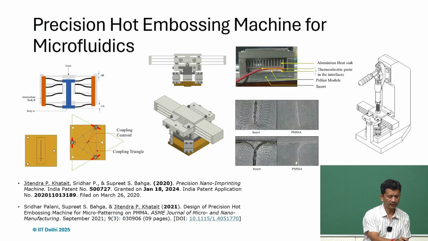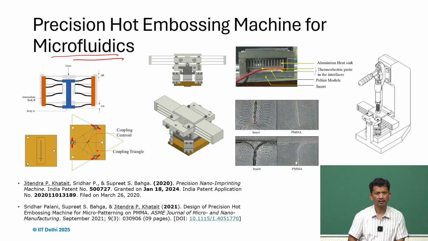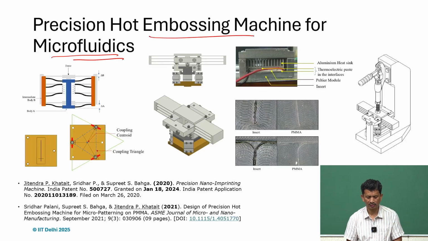Another example is for developing or fabricating microfluidics chips, and there we use the precision hot embossing machine. So we developed that. So again, very frugal design, but we use the concept of precision machine design, and use the compliant mechanism.